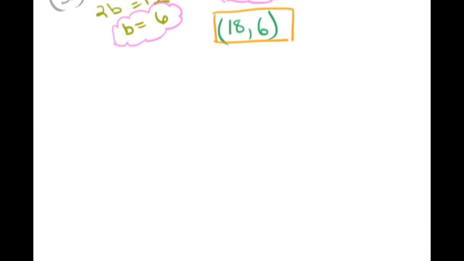Okay, let's try a harder one. This time we're going to have 3 variables: x plus y plus z equals 180, y equals 3x, and z equals 5x.